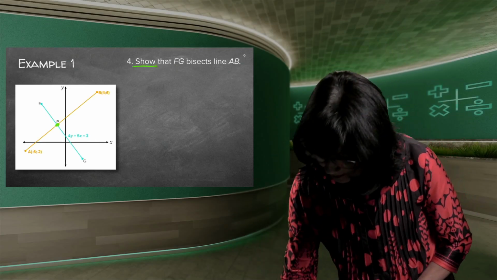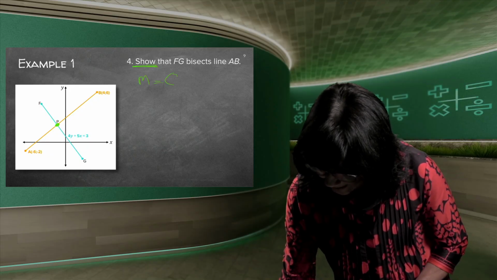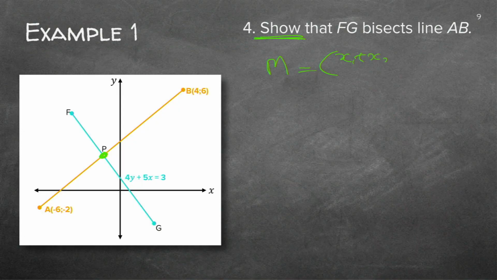Revision, midpoint. We use a capital letter M. Midpoint. Can you remember? You add the 2 x's. You divide by 2. You add the 2 y's. You divide by 2. And that should give you the midpoint. So let's just make that x1 and y1. And let's make this one x2 and y2.